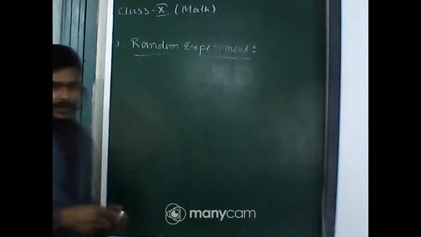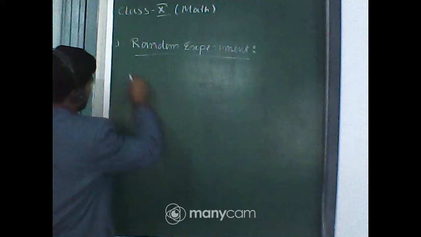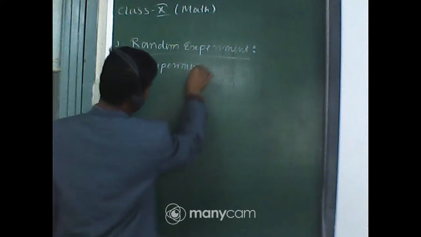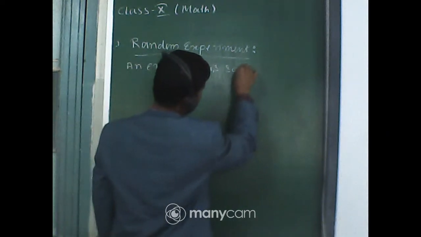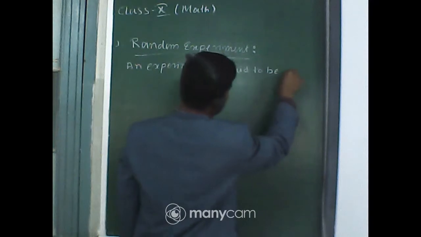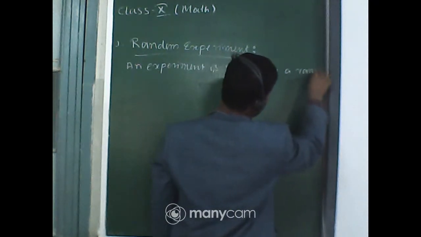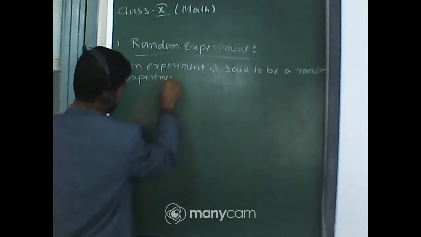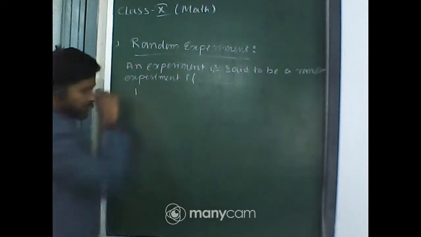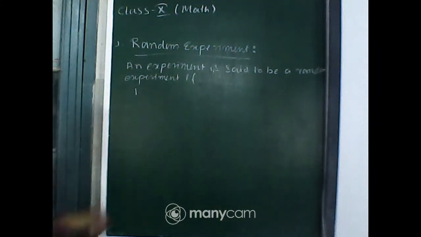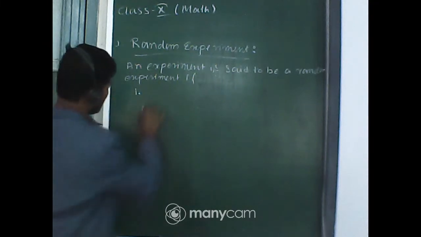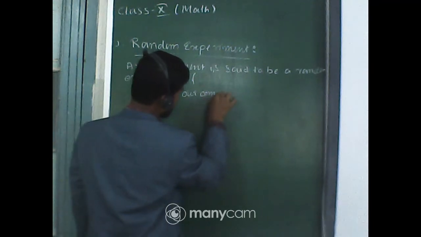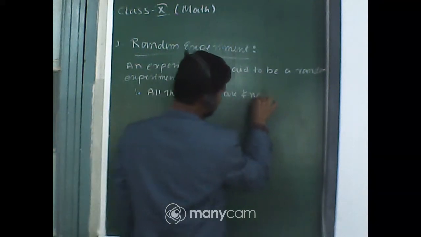An experiment is said to be a random experiment if three conditions are satisfied. First one is all the outcomes are known in advance.